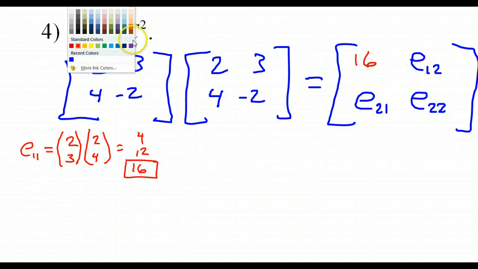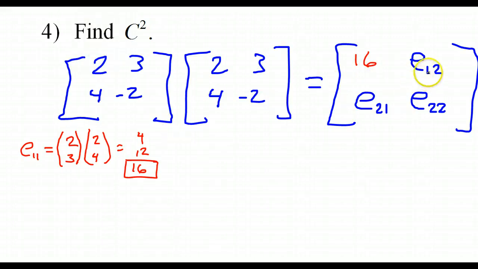Now I'm going to find element 1,2. If I want to find element 1,2, that means I need row 1 times column 2. Row 1 is 2, 3, column 2 is 3, negative 2.